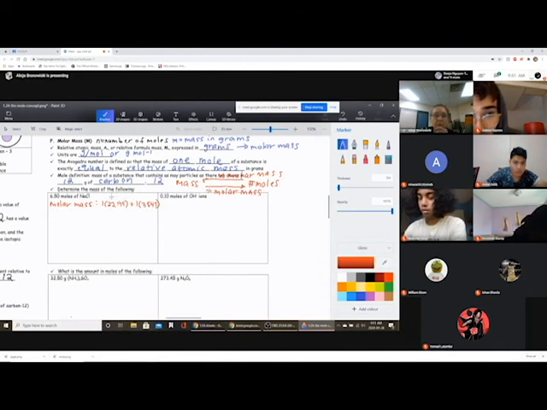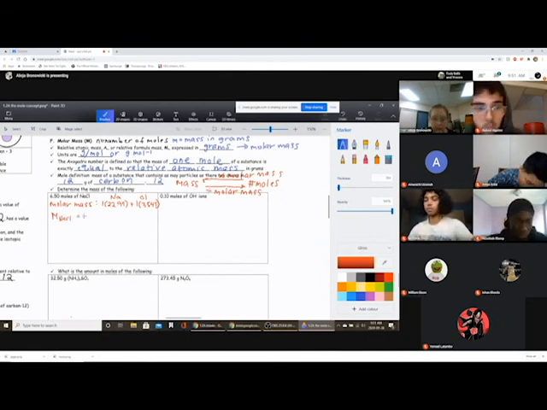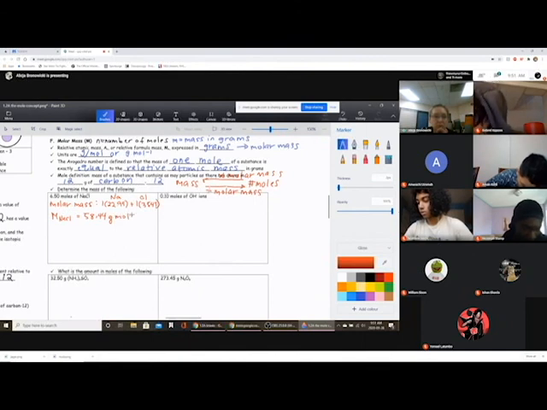This term represents sodium, this term represents chlorine. So the molar mass of NaCl, we could write it like this, M of NaCl equals 58.44 grams per mole.